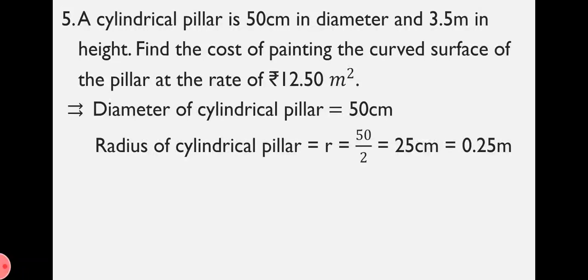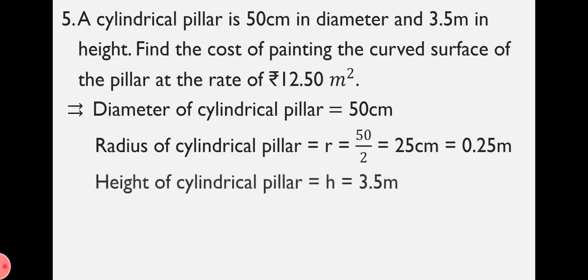Now again this centimeter we convert into meter, because the rate is given per meter square. That is, we divide 25 by 100, so we get 0.25 meter. Height of cylindrical pillar h equal to 3.5 meter. Already height is given in meter, so no need to worry.